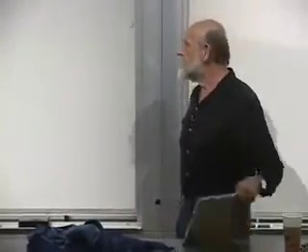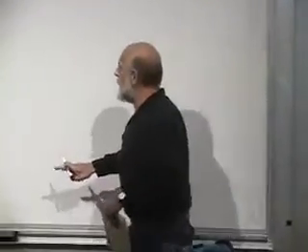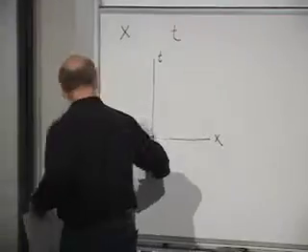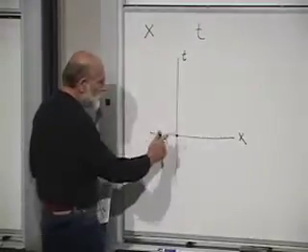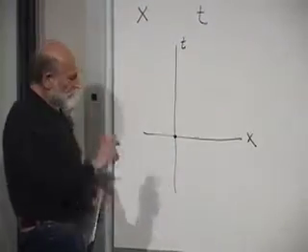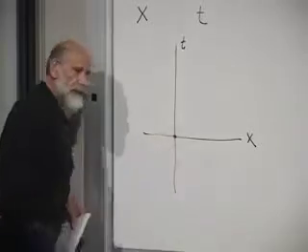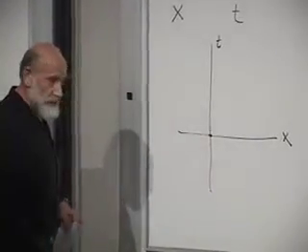I'm the x prime coordinates, and of course, I, being very egocentric, will take my x origin to be where I am. I move down the x-axis. Our origins pass each other at t equals 0. So at t equals 0, your origin and my origin are the same.